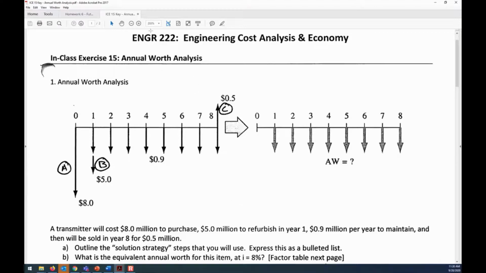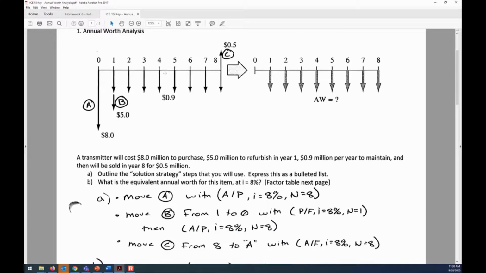And so my solution strategy is that I will convert the amount A, the 8 million at time 0, into an annual series by using A/P at 8% for 8 years. And then B, remember that has to be a two-step process.